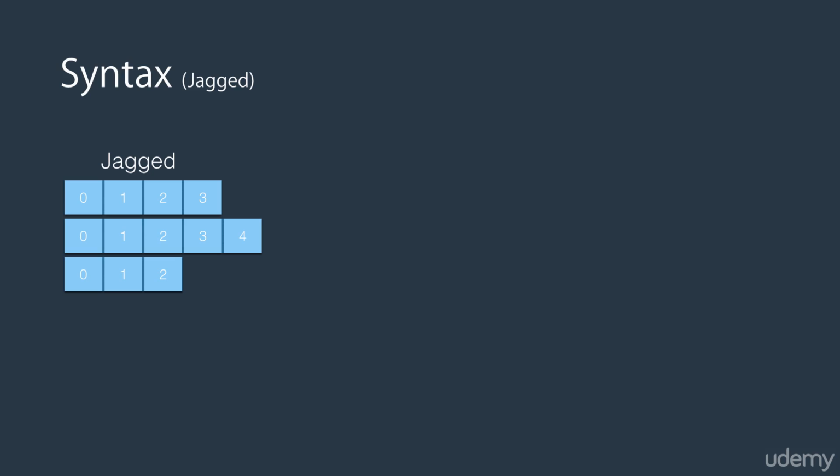Well, first we need to declare a top-level array. Note the syntax here. We use 2 square brackets to represent a jagged array. In the first square brackets, you specify the number of elements in your top-level array. Now we need to initialize each element of this array to a different array.